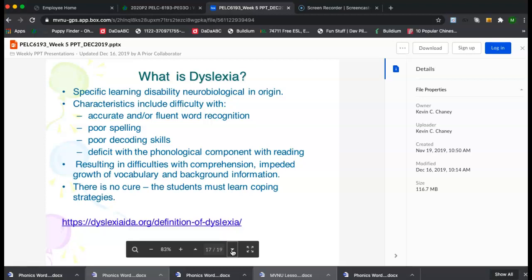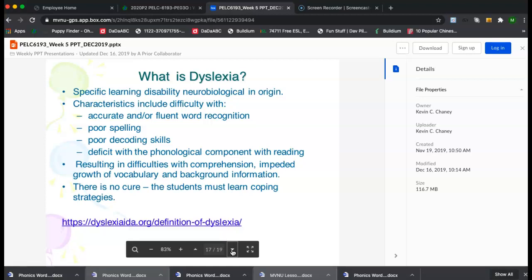Dyslexia. We've talked about dyslexia. What is it? A specific learning disability, neurobiological in origin. Characteristics include difficulty with accurate and/or fluent word recognition, poor spelling, poor decoding skills, deficient with phonological components with reading.